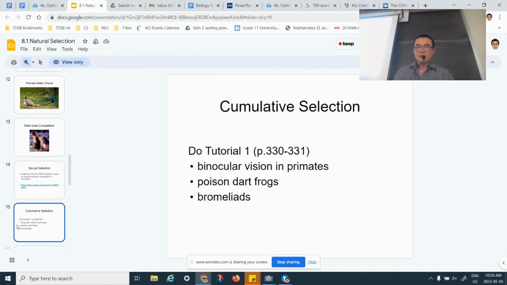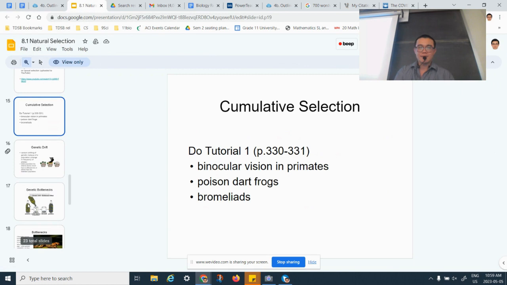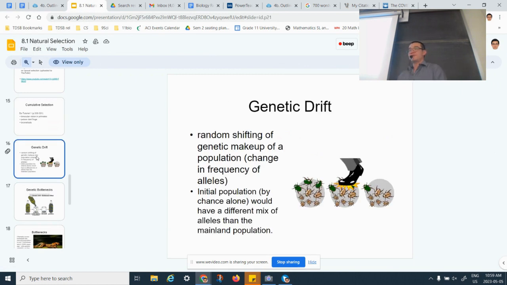There are some cumulative selection processes. You can read that. Genetic drift. You guys watched that in one of the puzzle videos. Keep in mind, this is a random shifting. Usually, it's due to a random event, a natural disaster for example. So, a random event that shifts what they call the allele frequency.